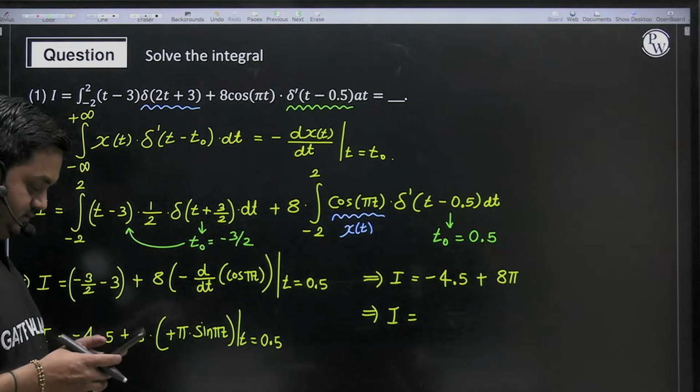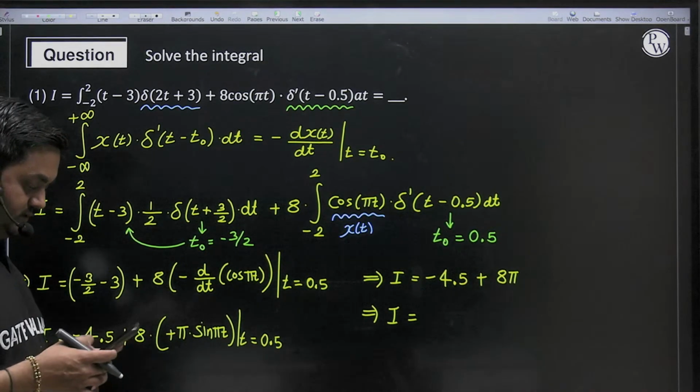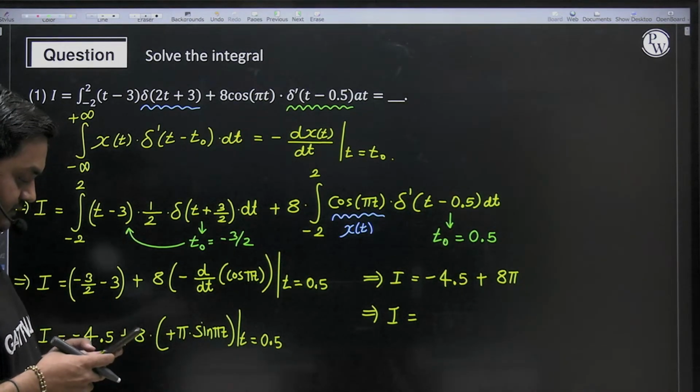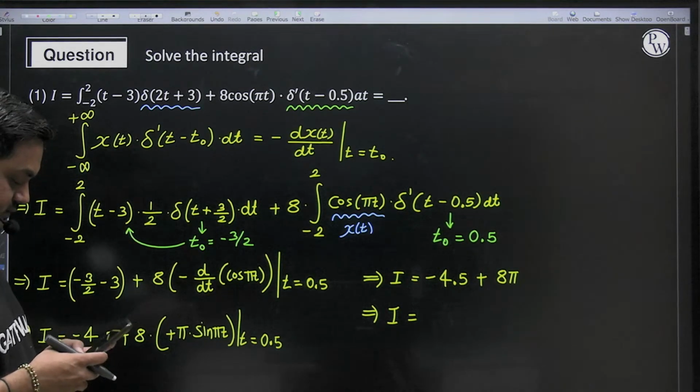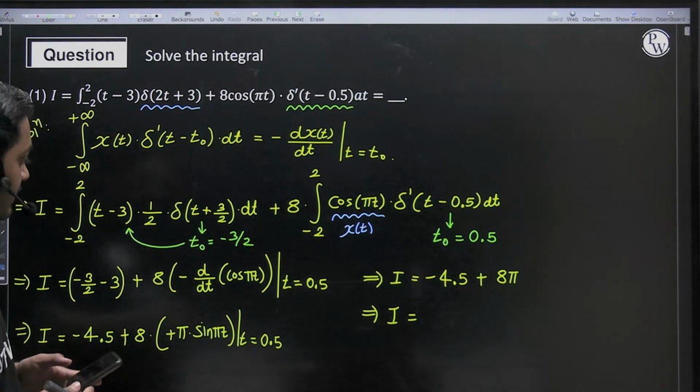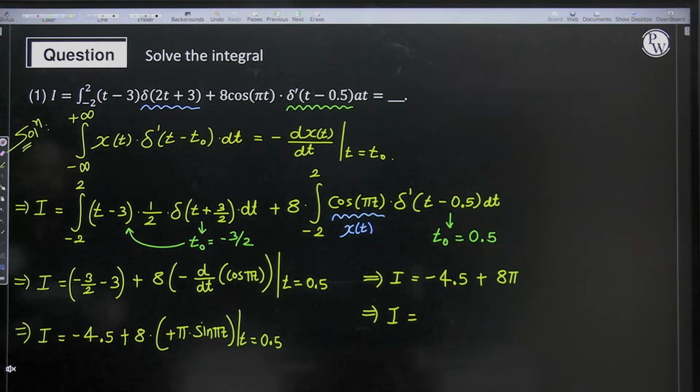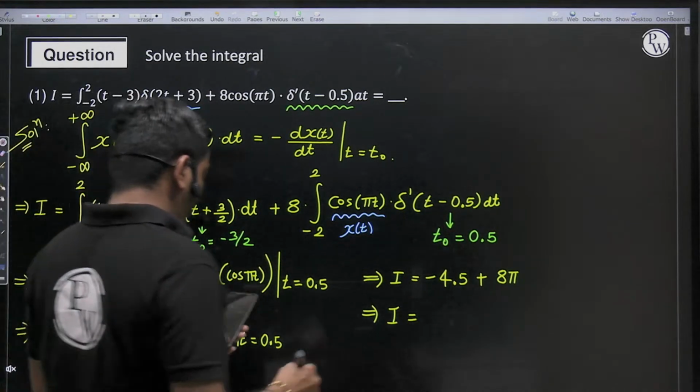So here 3.14 into 8 minus 4.5, which is equal to, I am getting, 8 into 3.14 minus 4.5, 20.62.